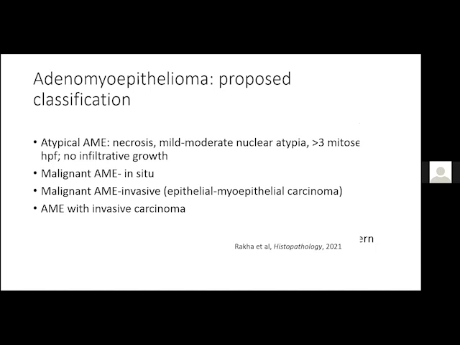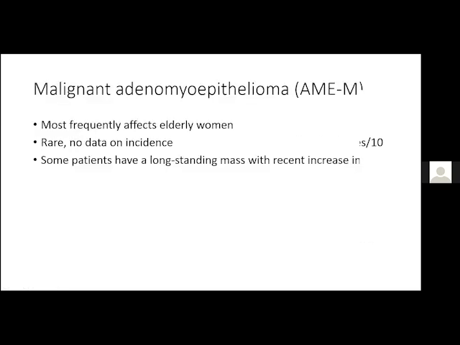And then malignant adenomyoepithelioma in situ, so a pattern of DCIS within this neoplasm, and then an invasive counterpart, which is essentially epithelial myoepithelial carcinoma. And then as this case shows, adenomyoepithelioma with invasive carcinoma. So I guess we'll see whether this particular classification is adopted in the next iteration of the WHO.